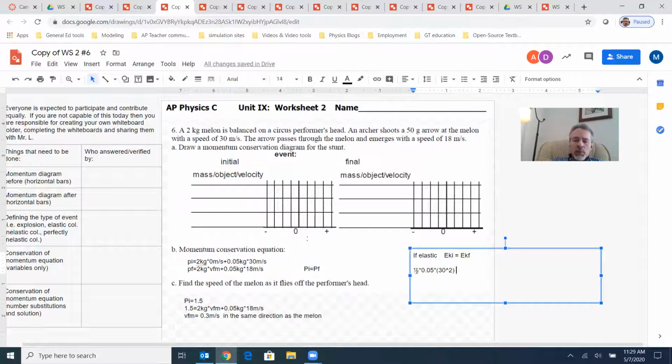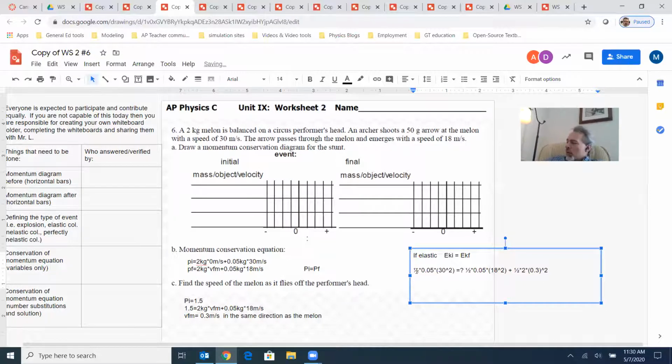So I'm going to put equals question mark. I don't know. So 1/2 times 0.05 times, let's see, 18 squared, and then plus, it's going to be 1/2 the mass of the melon, which is 2, times, we just calculated the speed of the melon is 0.3, so 0.3 squared.